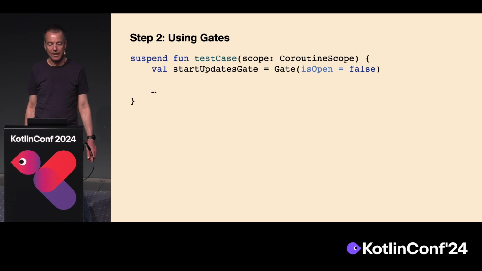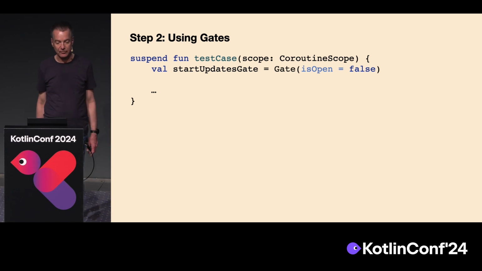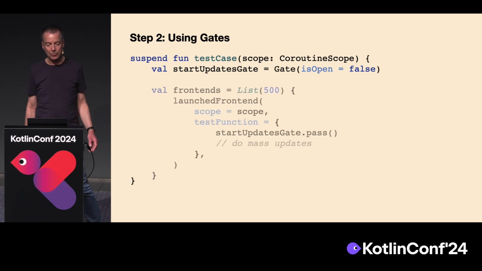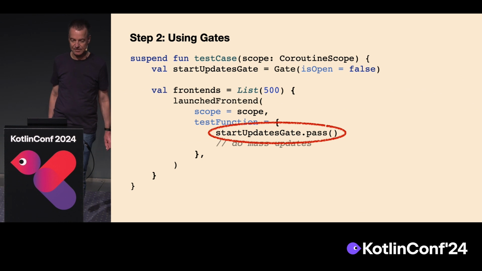And we could combine this with gates, because we want to start updates only when all of our frontends are ready, not a single one, all of them. So a gate is just a special purpose mutex. We start with a closed gate, then use a test function like this, which would wait at the gate until it opens before starting its updates.